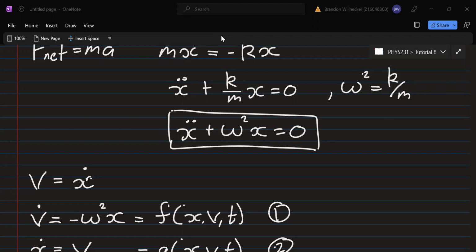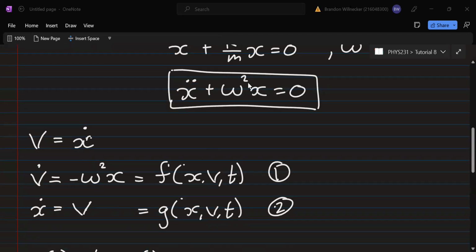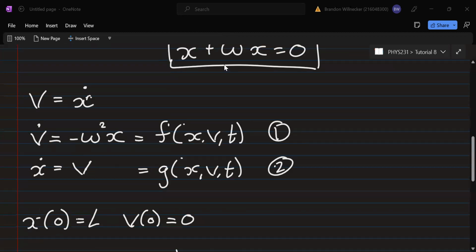So tutorial 8 is fairly simple, just a bit of programming. And just notice that a lot of this is repeat from tutorial 7. So all of this work on solving the system, if we define these functions f and g, like we did with the Runge-Kutta method, then we can copy the code, just change the functions.